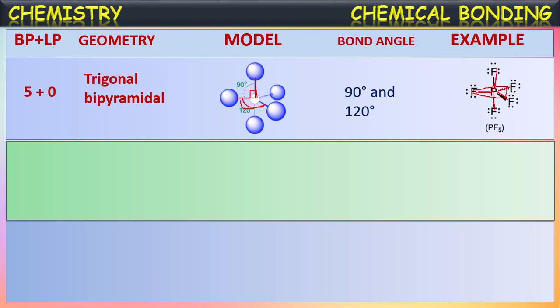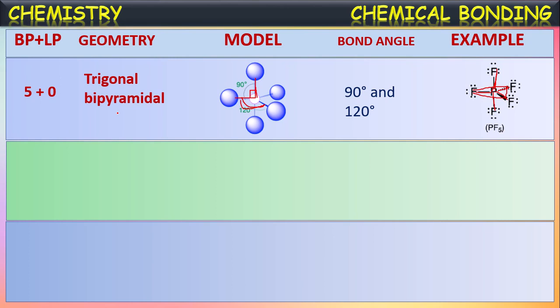If you observe from above the plane, it will be like a trigonal pyramidal shape, and if you see from the bottom of the plane, there is one more trigonal pyramidal shape. Altogether it is said to be trigonal bipyramidal shape.